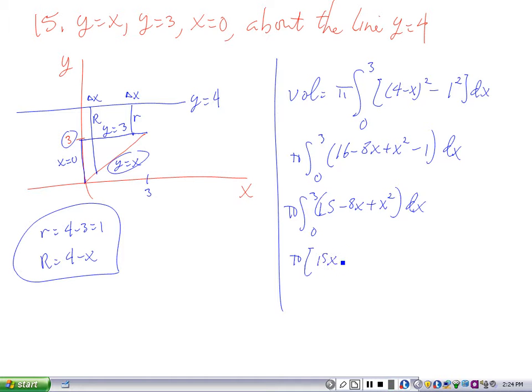Integrate, we get 15x minus 4x squared plus 1/3 x to the third. Evaluate that from 0 to 3. So we get pi times 15 times 3 minus 4 times 9 plus 27 divided by 3, which is just 9, and that gives us 45 minus 36 plus 9, which is 18 pi.